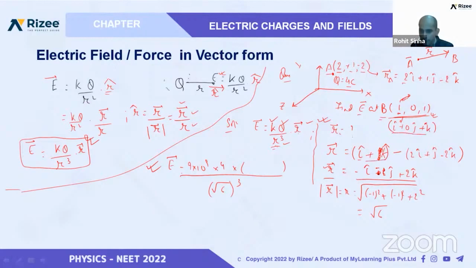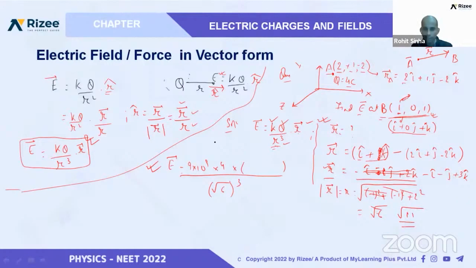Here what we get, we can replace like this. It will be minus i cap and minus j cap, and it will also be plus 3 k cap. Yes, calculation mistake. It will be root 11 only.